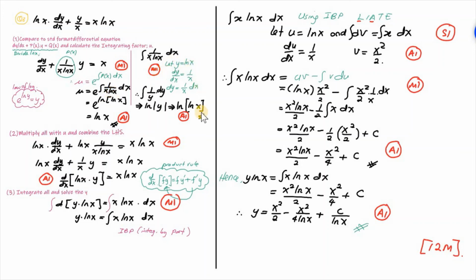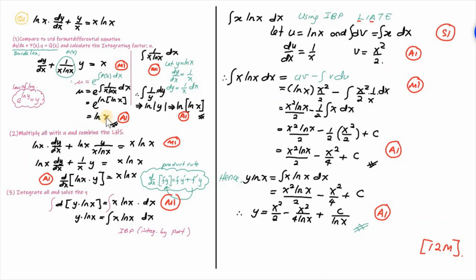Make sure you show it. We get this. And as we simplify further, this e power ln x, we get this, which is the ln x, 1 mark. Then step number 2, we are supposed to multiply this equation with the integrating factor, the one that we have got just now, ln x.